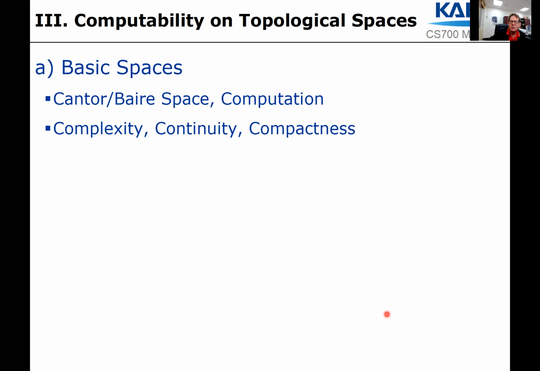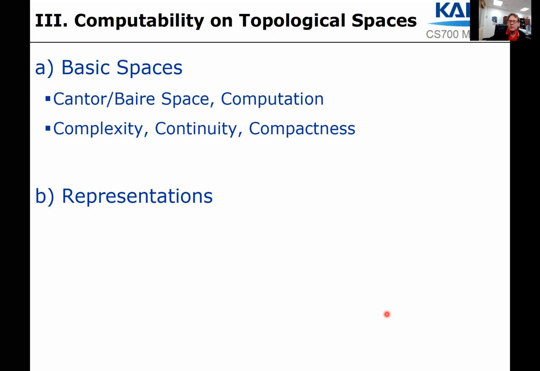And we discussed the importance of compactness, both turning continuity into uniform continuity and turning computability into resource-bounded, worst case computability. There is a worst case over any total computation over a compact subset of Cantor and Baire space.